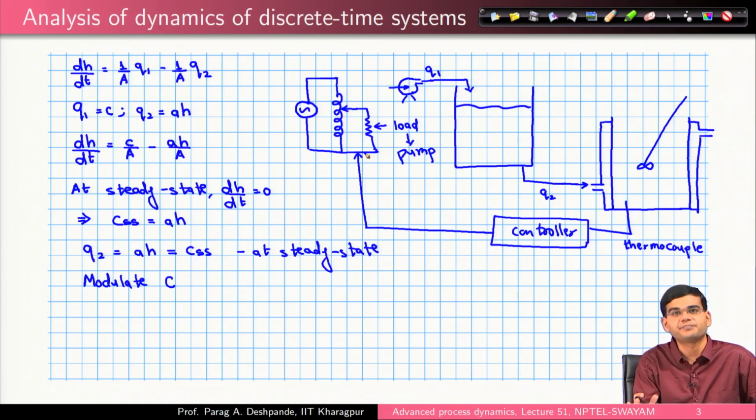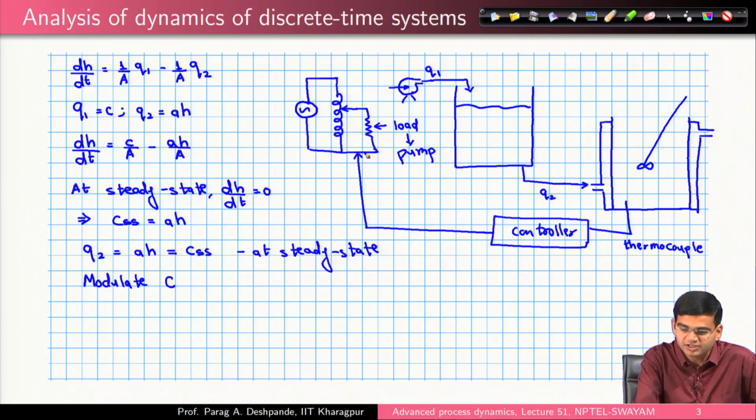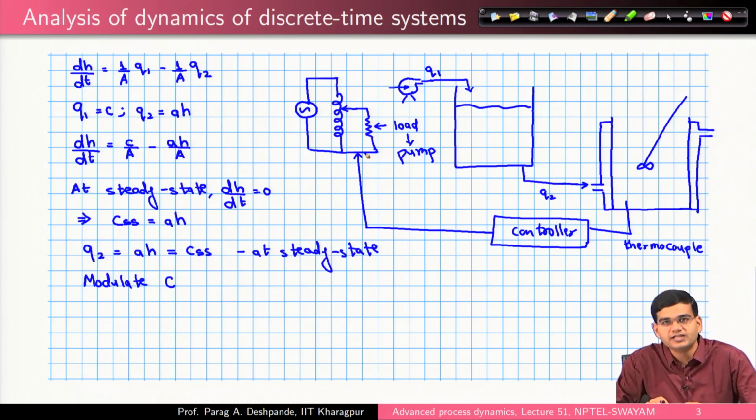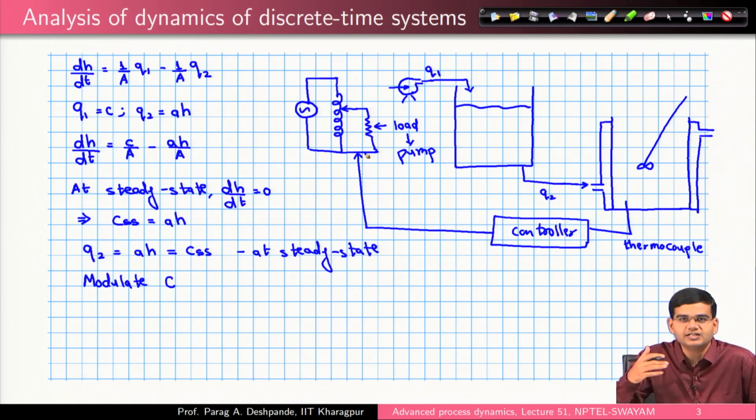As a result, what would happen? Your flow rate out of the tank would change, and which in turn would change the temperature. Okay. So, this is the general scheme which one may imagine. I am not going into the exact details of the control scheme, but one can imagine that this is how it would work.